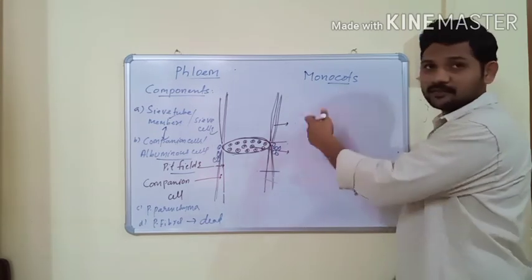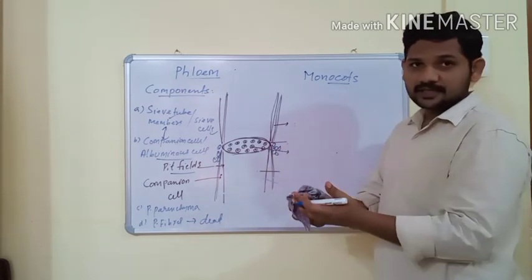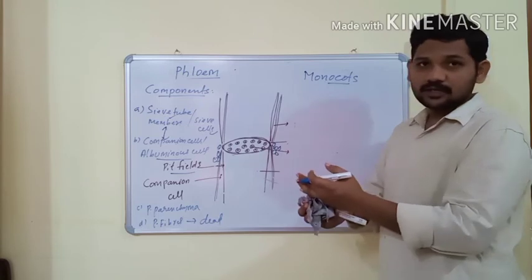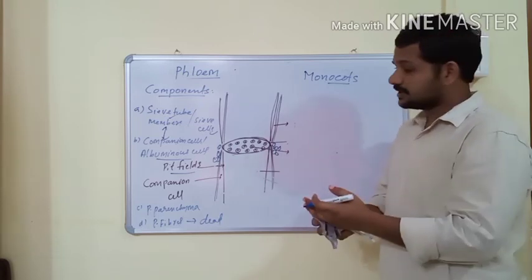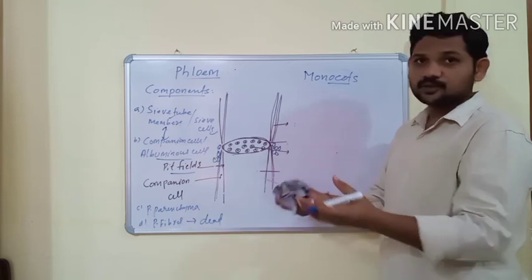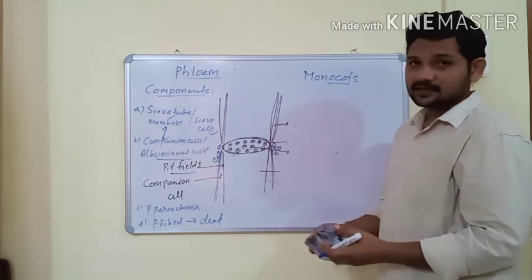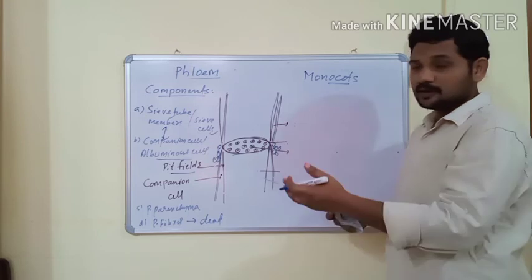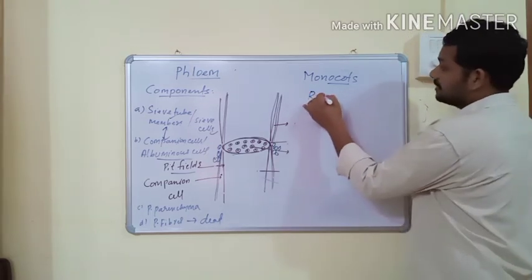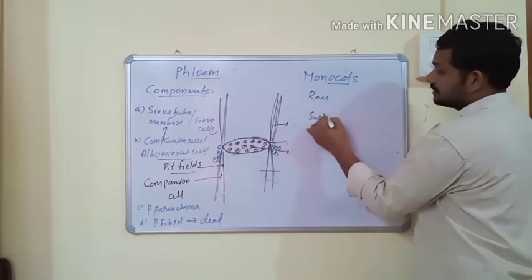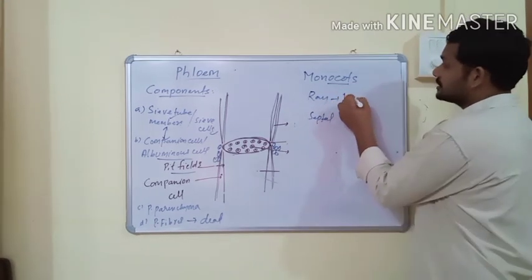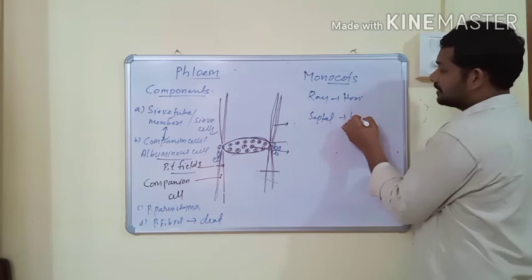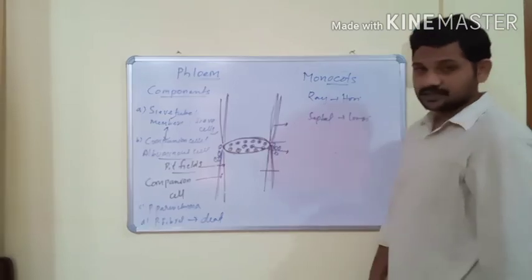Parenchyma is usually made up of loosely arranged living cells, and the cell wall is made up of cellulose. It helps in lateral conduction or slow conduction, and it also helps in storage of food material. It is of two types: ray parenchyma and septal parenchyma. Ray parenchyma is horizontally arranged, and septal parenchyma is arranged longitudinally.